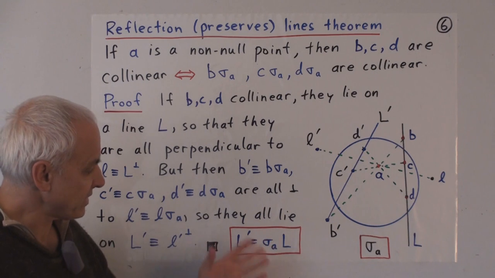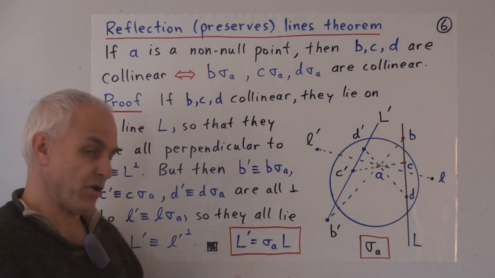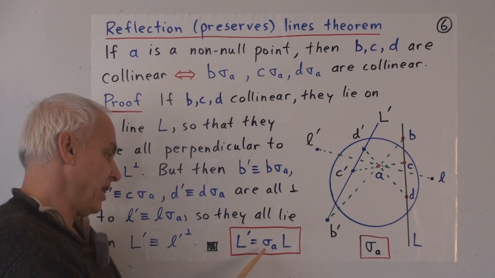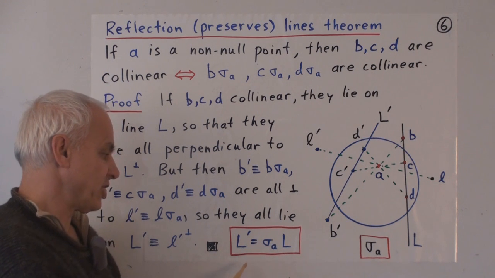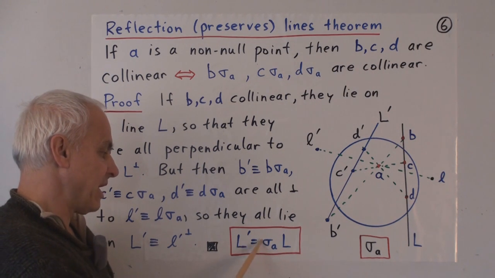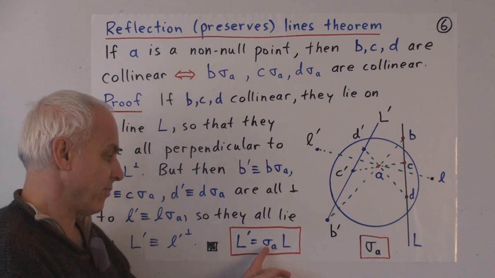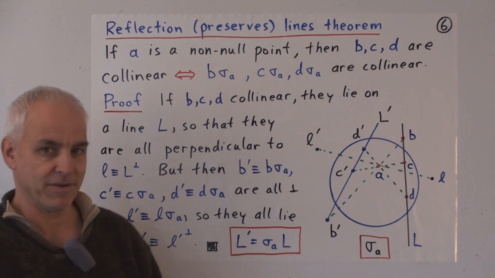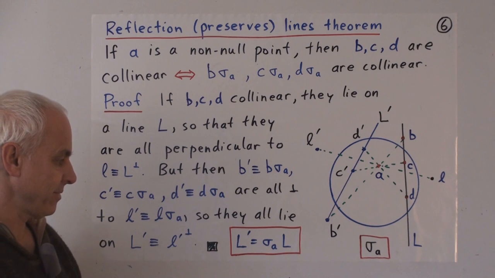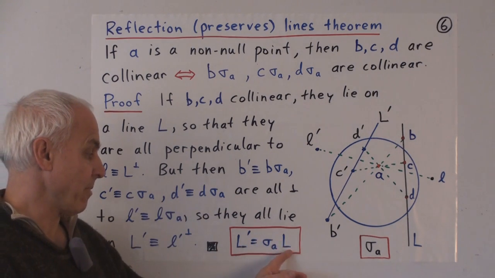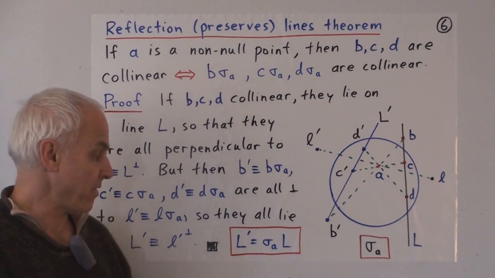And to separate the action of reflection from points and lines, we'll agree to write this relation this way. We'll write L prime equals sigma A L, the line to the right of the sigma symbol, signifying to us that we're talking about lines being reflected rather than points.